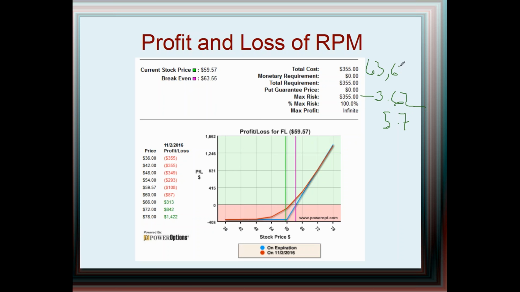Here, we can almost say that you're investing less than about 1/20th of what I'm investing in the married put. You're only investing 355. You're risking 100%, but I'm risking 362. You're only risking 355. So the long call keeps the infinite upside, and in this case has slightly lower risk. So this must be a superior trade, right?